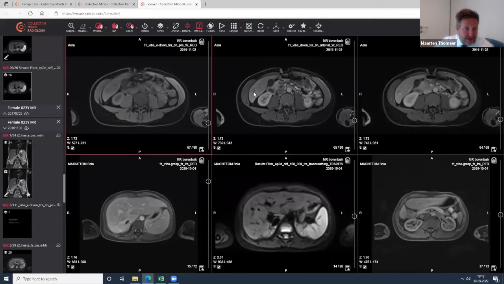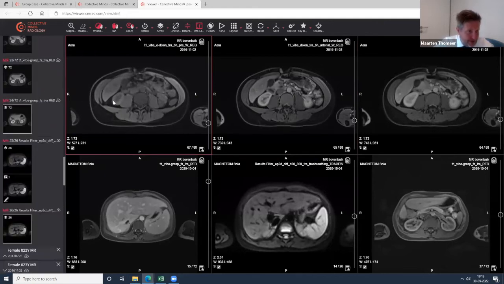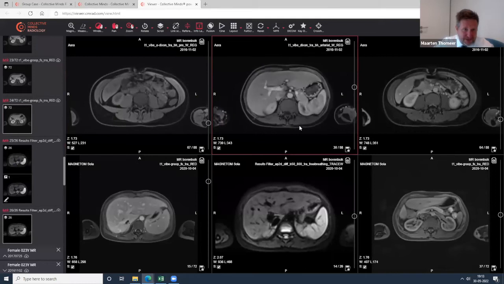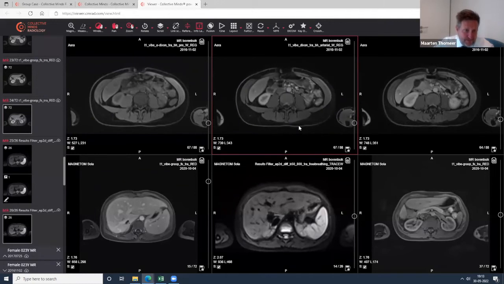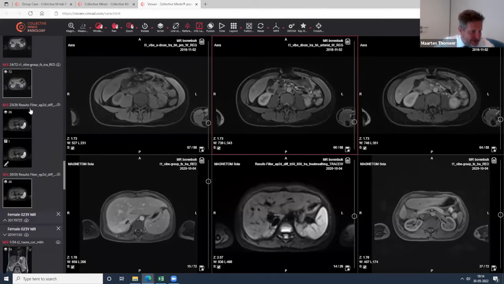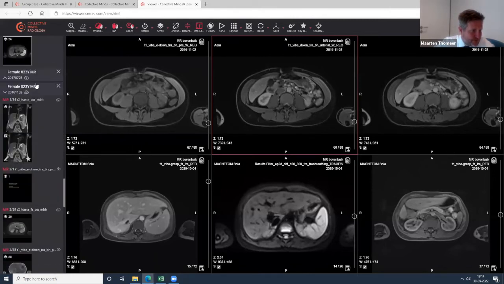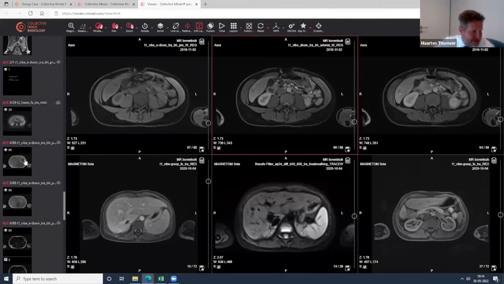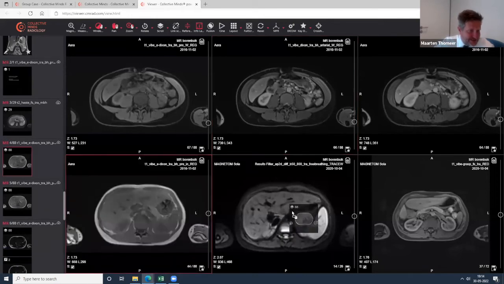In the arterial phase and in the venous phase, it's only enhancing a little bit. Now, the liver for the rest doesn't seem to be cirrhotic or steatotic. So it seems to be a normal liver. And now I'm going to look at the lesion itself on the in-out phase, on the images from 2016.